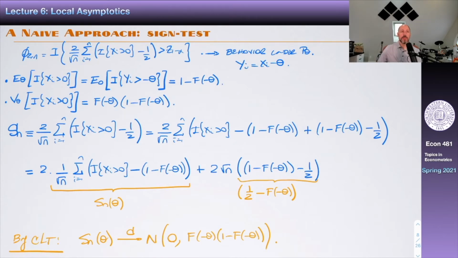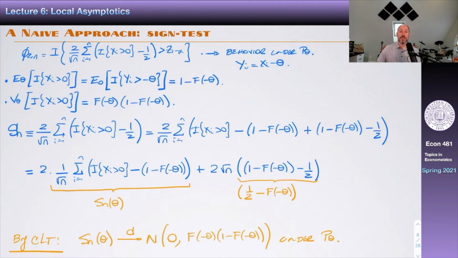Okay, haven't done much yet. I just said now I want to analyze this sign test, and I need to analyze the behavior of the sign test under the alternative hypothesis. Well, first thing you want is some object that you can say what's going on asymptotically under P theta. And that's something actually I should have clarified. This is under P theta.